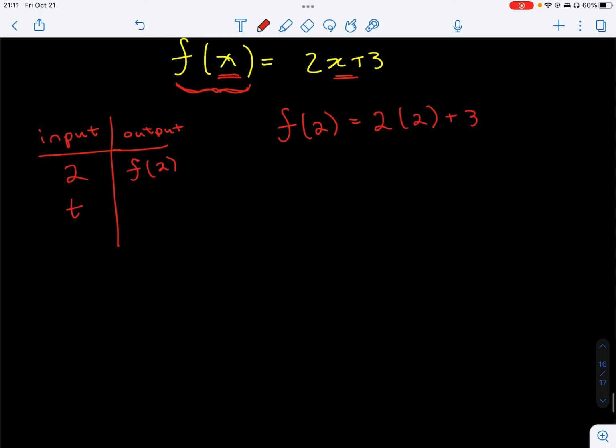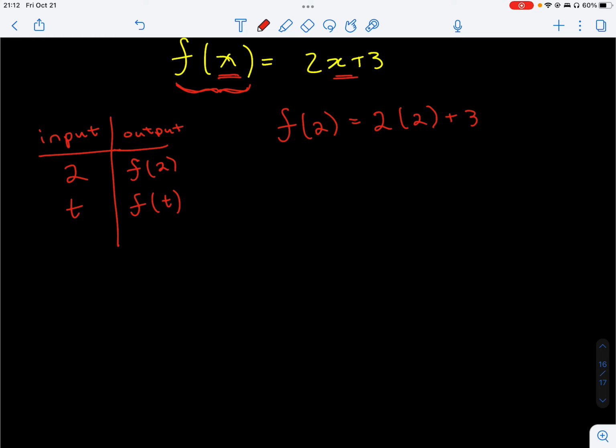So if I plug in t, the output should be f of t, my function evaluated at an input of t. Now t, just like x, is just a variable. It doesn't have a specific value, or at least not one that we know of, and we assume it's like any random number.